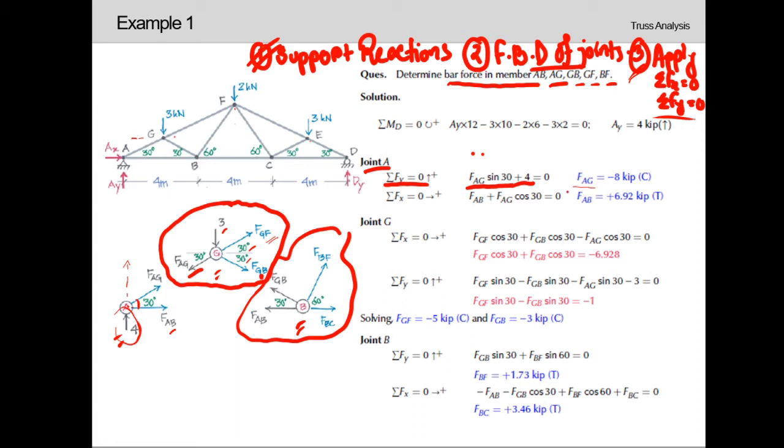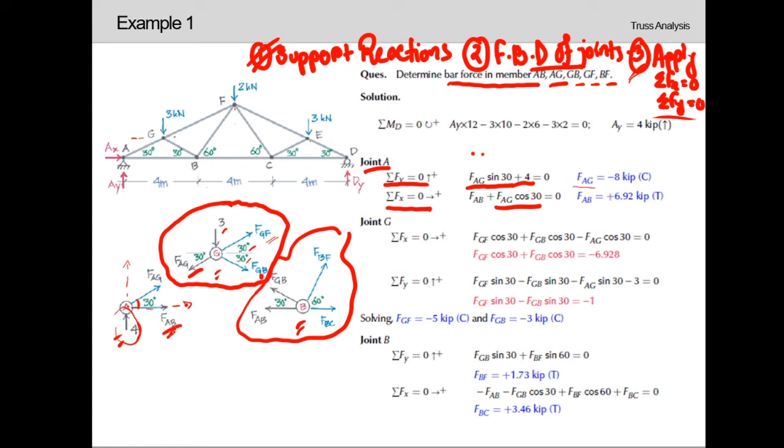And now applying summation of Fx equals 0, we can see here that this FAG component will be having a horizontal component. It will be its cos component, as the angle is given with the horizontal one. So FAG cos 30, which is acting in right direction, that means positive.